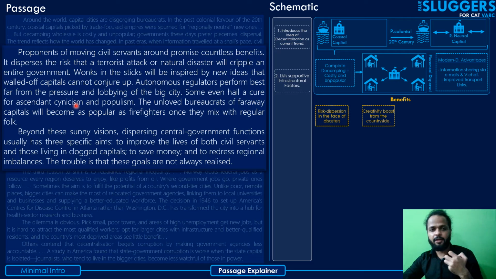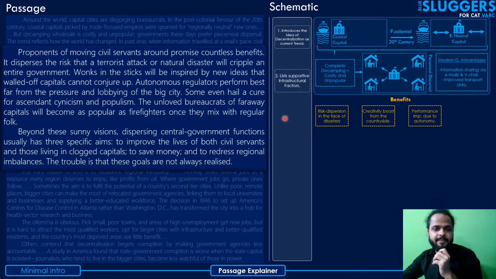Which might be beneficial for everyone, as opposed to what they do when they are just walled off in the capital cities, right? In an urban setup, they might just continue being what they are, hardworking and boring and not creative. While if you just put them in the countryside, they might just come up with some really good ideas. They might just become creative. So that's what they cite as the second benefit, that creativity boost from the countryside.